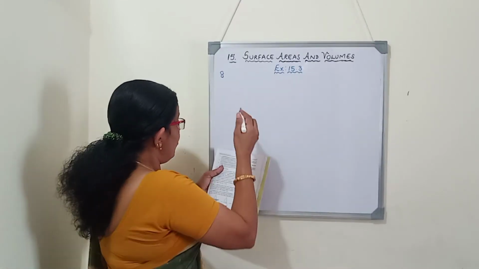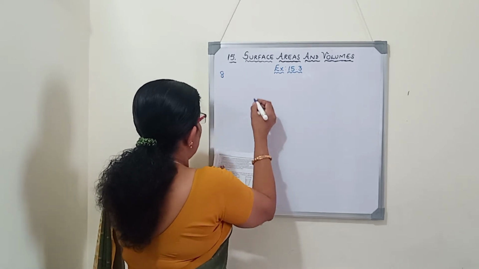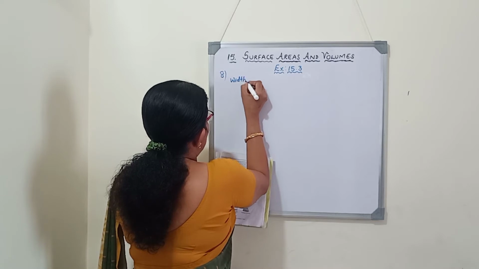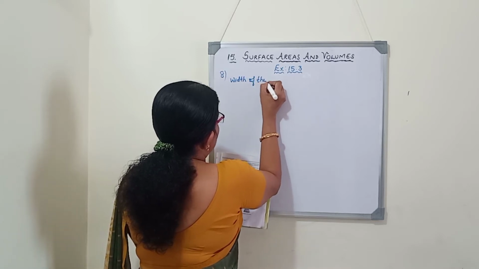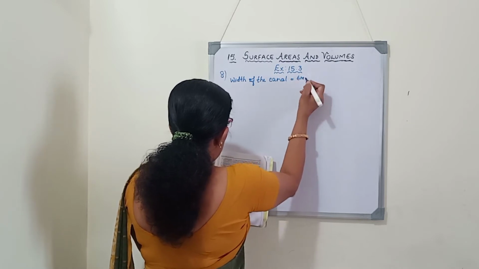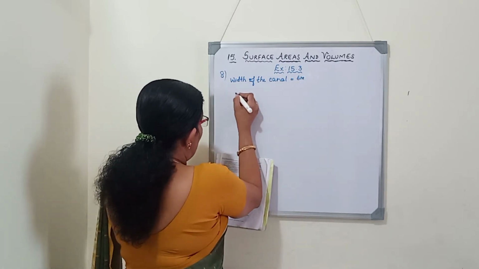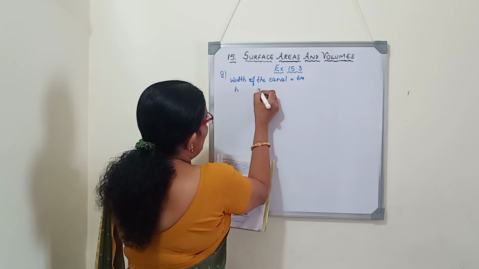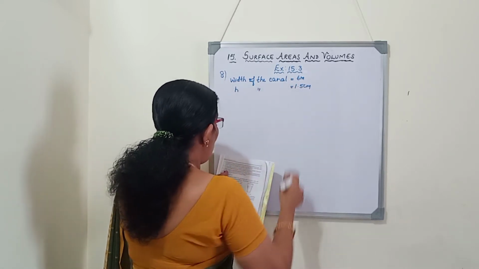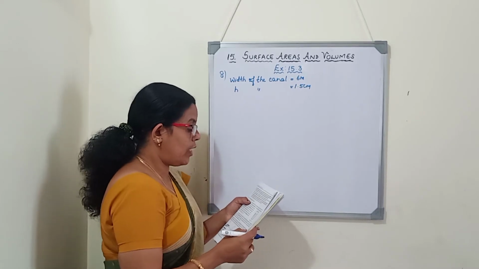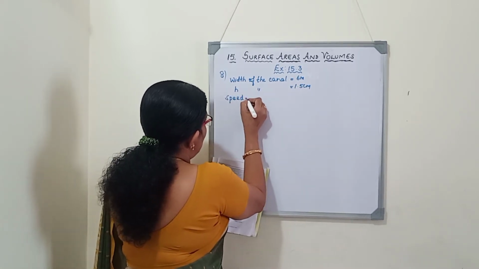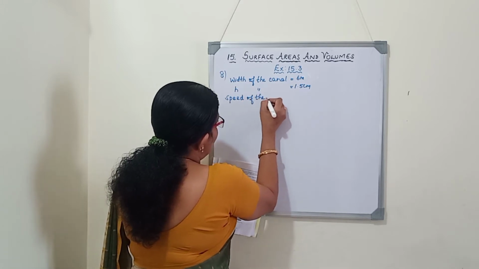So here width of the canal we will write 6 meter, and 1.5 meter deep, depth or height of the canal, it is 1.5 meter, and in this canal water is flowing with a speed of 10 km per hour. So speed of the water.